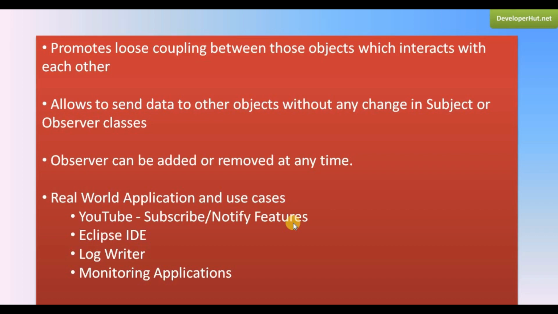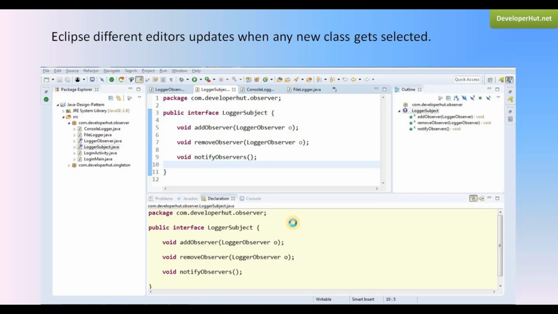So if you see the Eclipse, right, here Eclipse has different editors, right? So we have a package explorer, we have your code editor, you also have a declaration tab, you also have an outline, right? So whenever you change or you select any other file, your declaration and outline change automatically, right? So this is basically the observer design pattern, right?